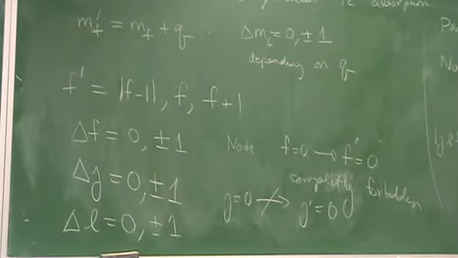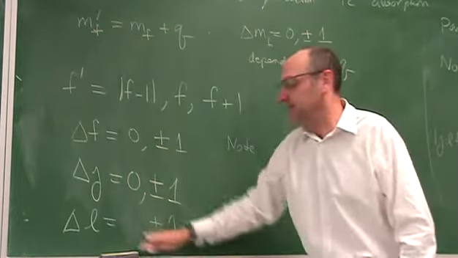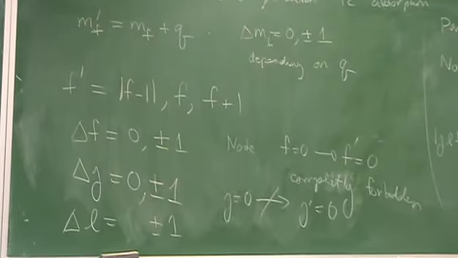However, parity says it's odd. So delta L equals 0 is impossible for an E1 transition. So, based on parity and rotation symmetry, we have selection rules for electric dipole transition.